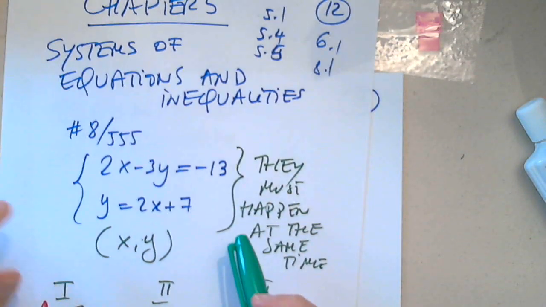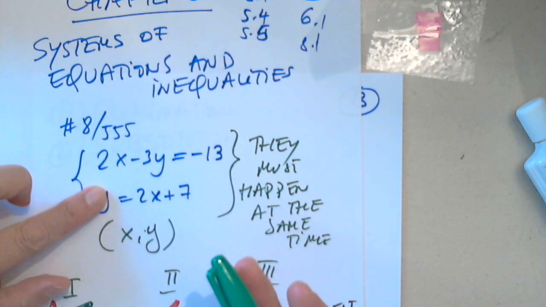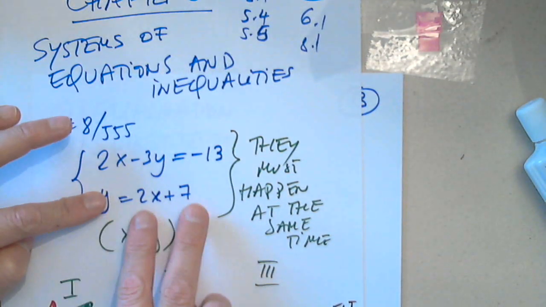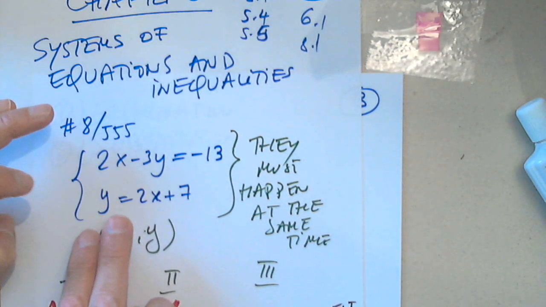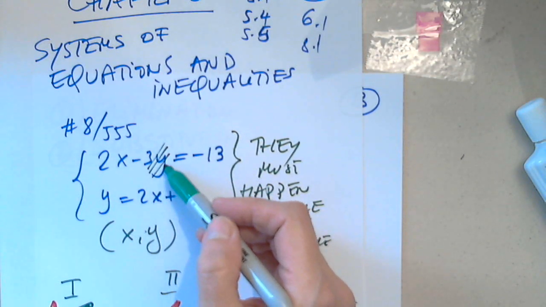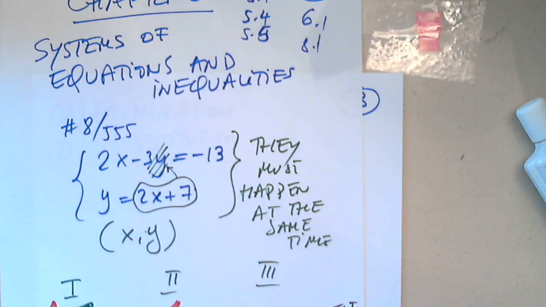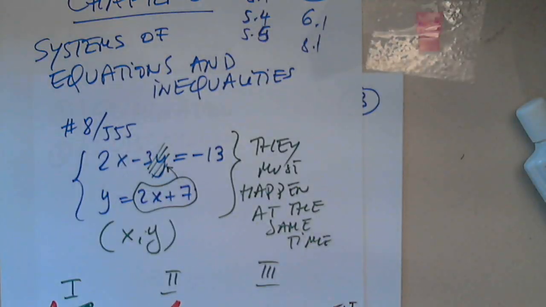I'm looking at the second equation and I see it's already solved for y. In other words, I'm told y is the same as 2x plus 7. If y is the same as 2x plus 7, it means that this y can be replaced by 2x plus 7. Why would I want to replace y in the first equation by 2x plus 7?